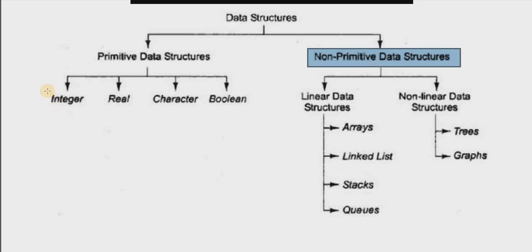Primitive data structure example is integer. Integer means 1, 2, 3 numbers. And real numbers, sometimes also called float, real or float, means decimal numbers like 1.2, 1.3.